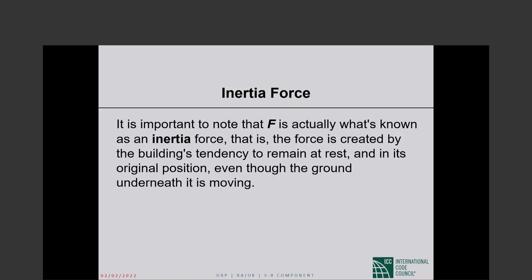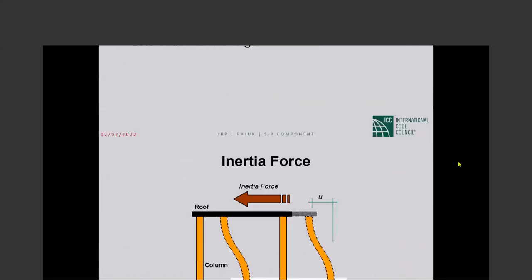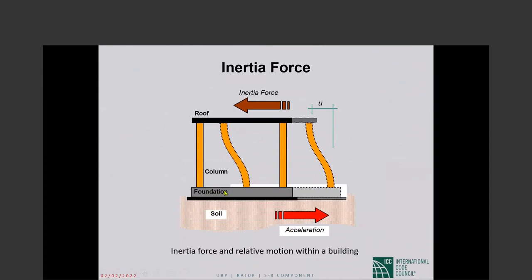So that is shown through a picture on the next slide. Because of earthquake, there is acceleration of the ground and the foundation has started moving. The movement is every which way, but here we are showing the left to right movement.